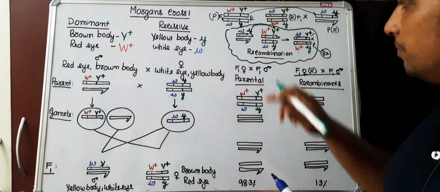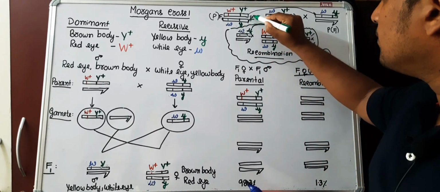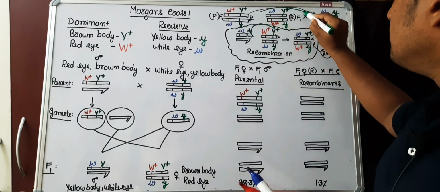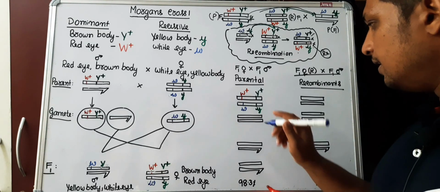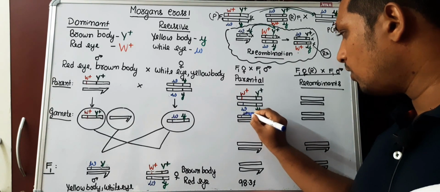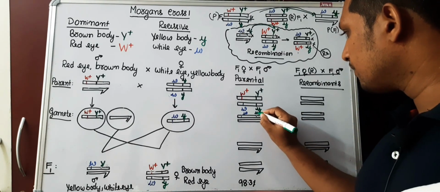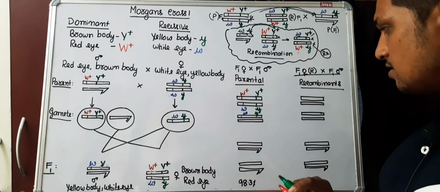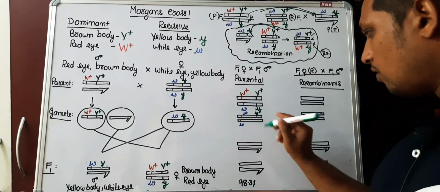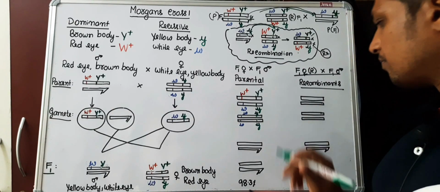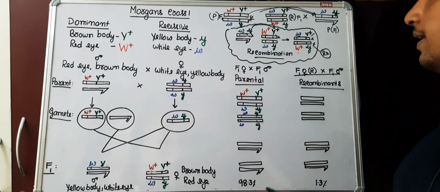Next possibility is that the other X of the female will combine with the X of the male. So let's represent the other X of the female: small w, it contains small y, and the male contains small w, small y. Okay, now we got two females.